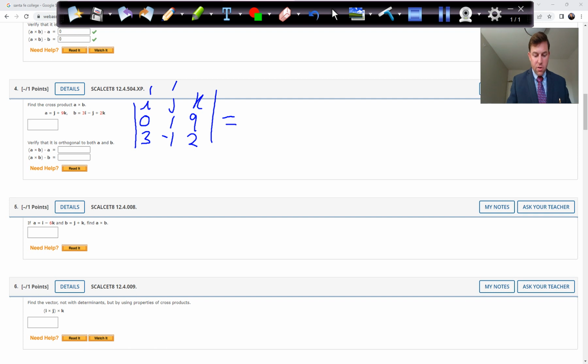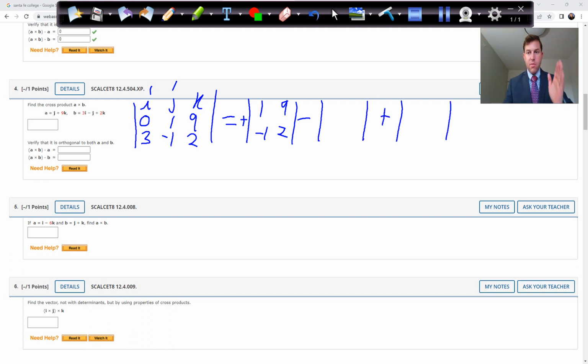Now I'm not going to show you all of those. If you imagine covering up the first column, the four numbers left are 1, 9, minus 1, and 2. Then the order is always plus, minus, and plus. So that's another way to remember it. The order on the cross product is plus, minus, plus.